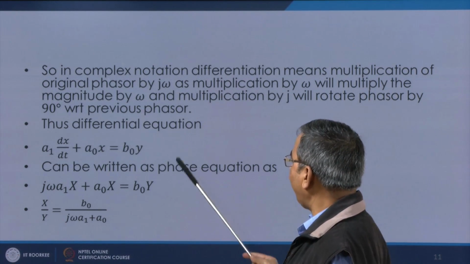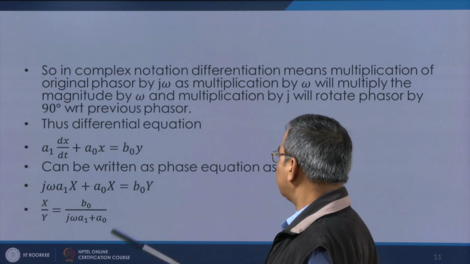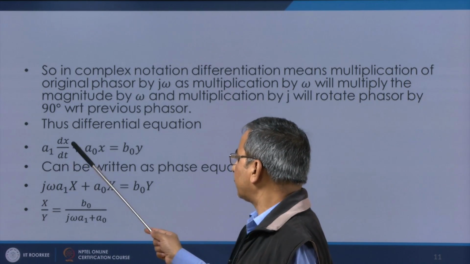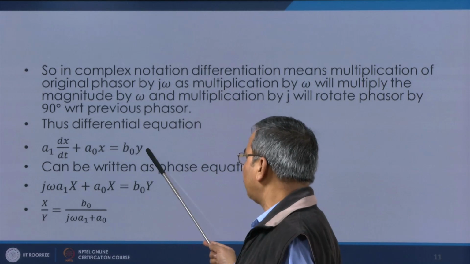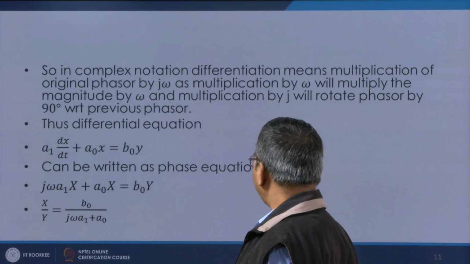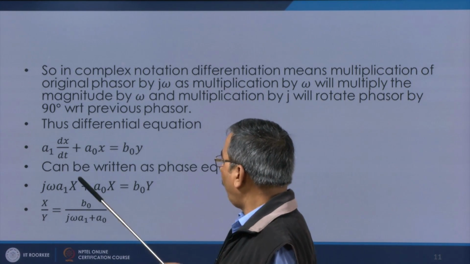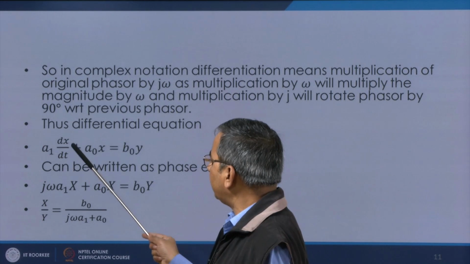So we can take the differential equation like this, say a1 dx by dt plus a0 x is equal to b0 y, and this can be written as a phasor equation. See here, differentiation is involved.